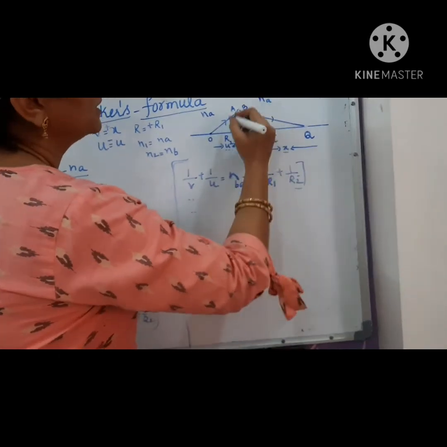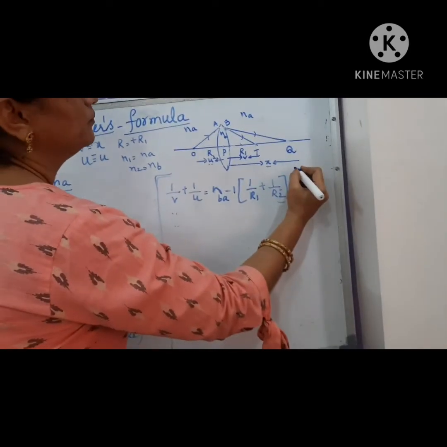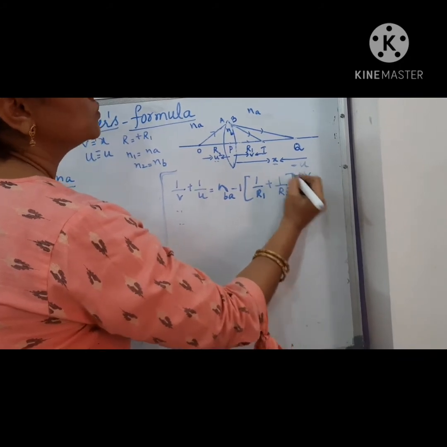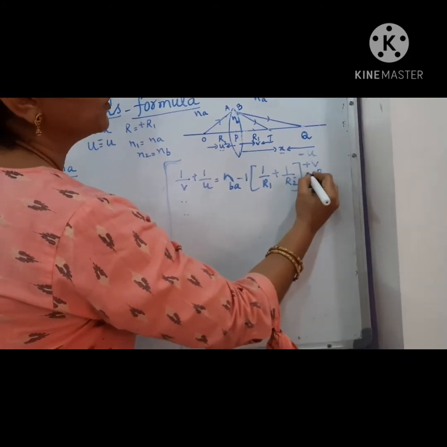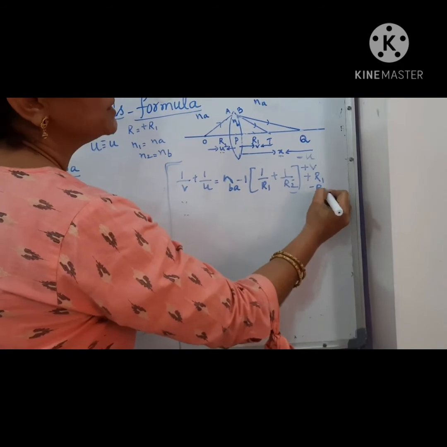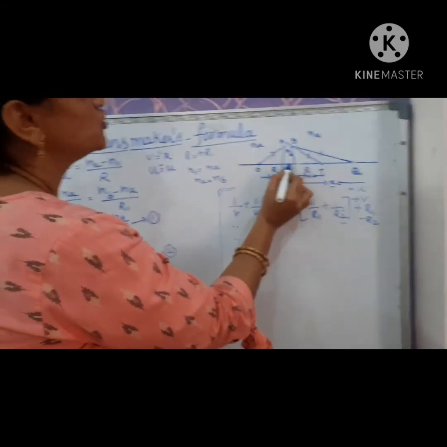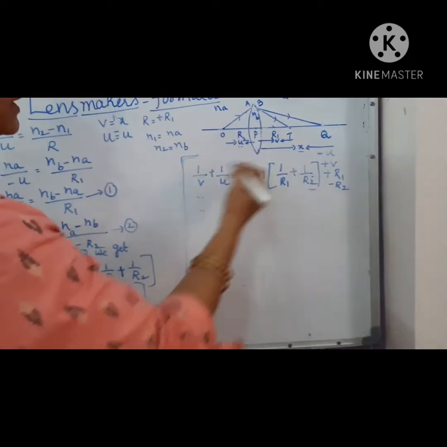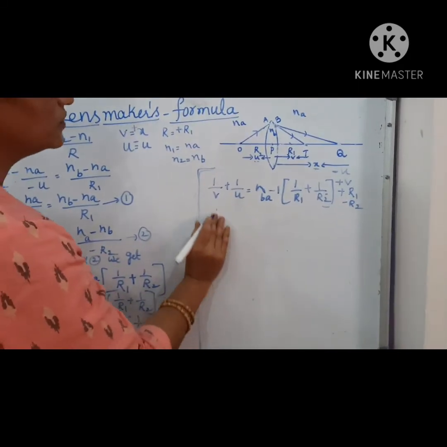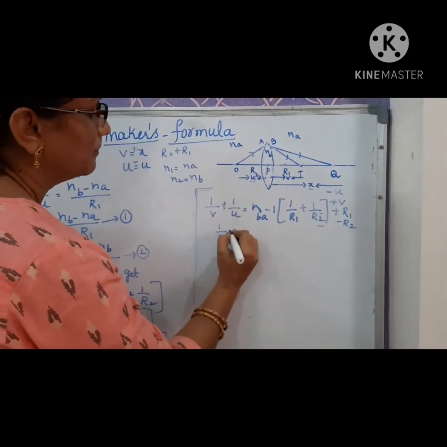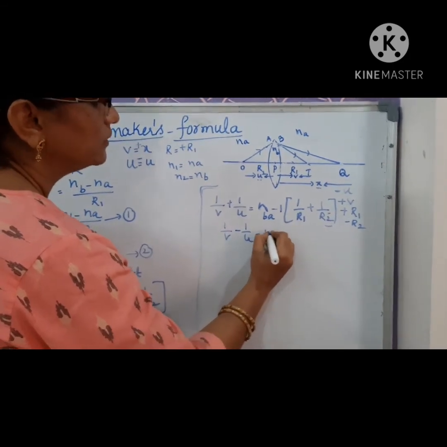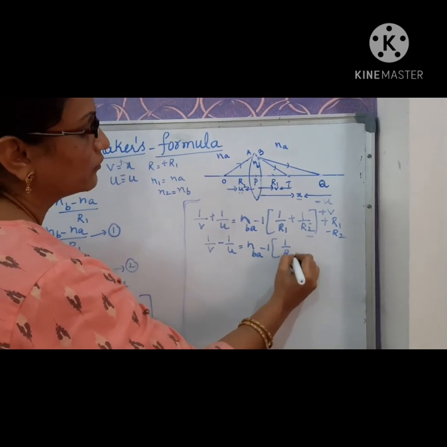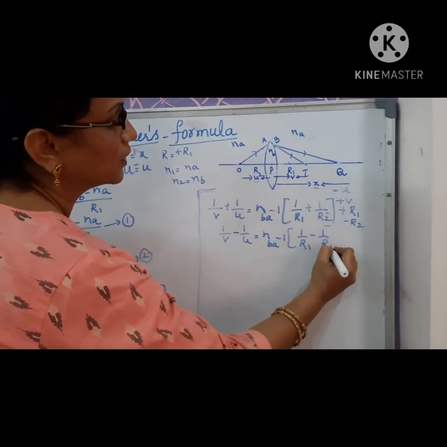So here, in the case of a convex lens, U is negative, V is positive and R1 is positive but R2 is negative, because we are measuring the distance from the opposite side of the incident ray. So by applying the sign conventions in this equation, we will get 1 by V minus 1 by U is equal to Nba minus 1 into 1 by R1 minus 1 by R2.